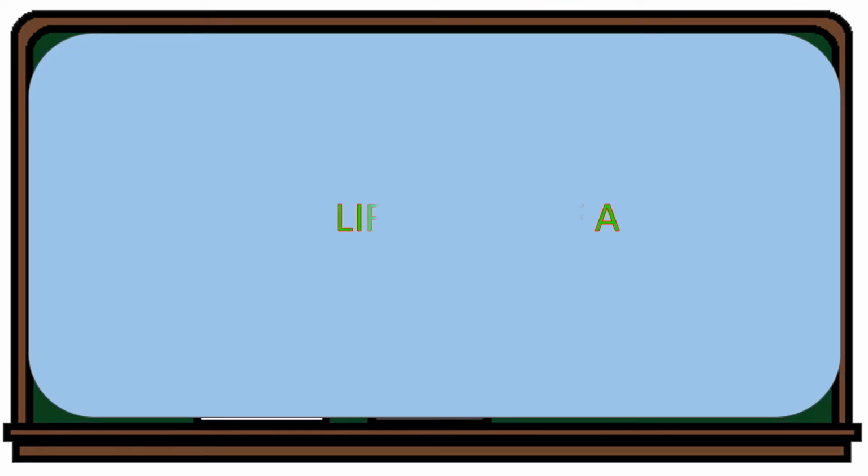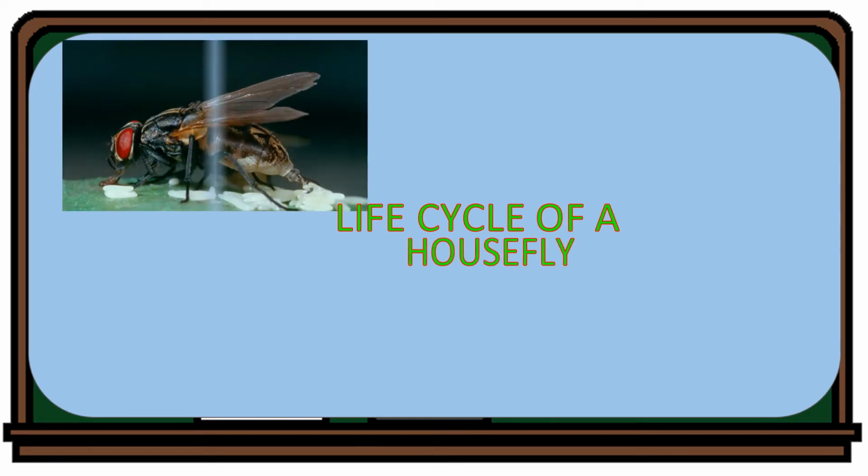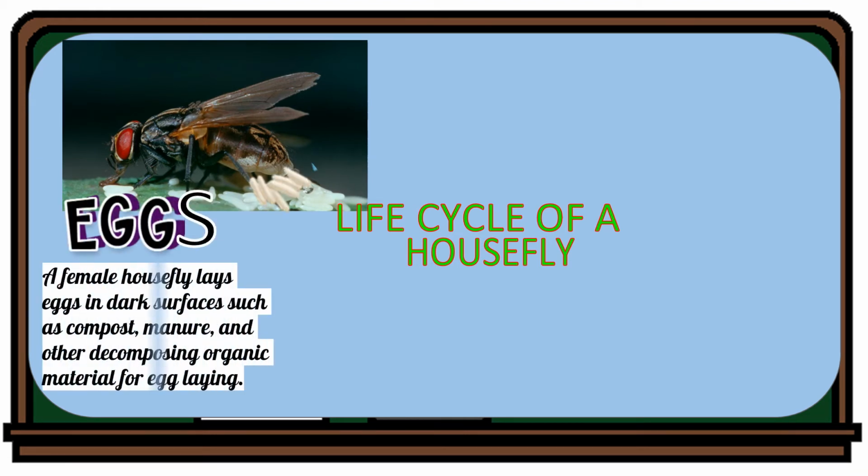Let's proceed to the life cycle of a housefly. First, we have the eggs. A female housefly lays eggs in dark surfaces such as compost, manure, and other decomposing organic material.